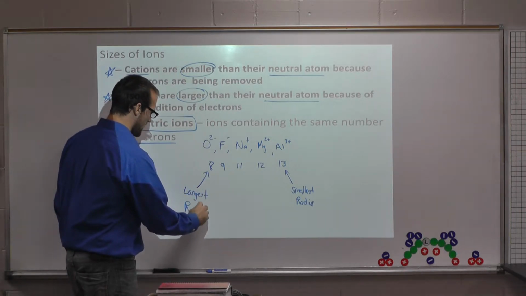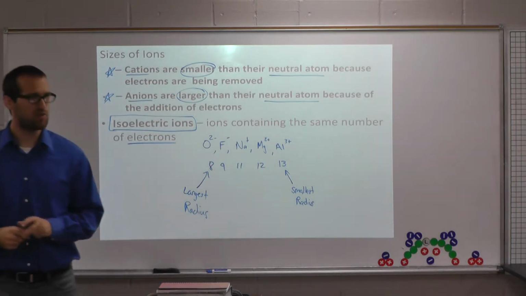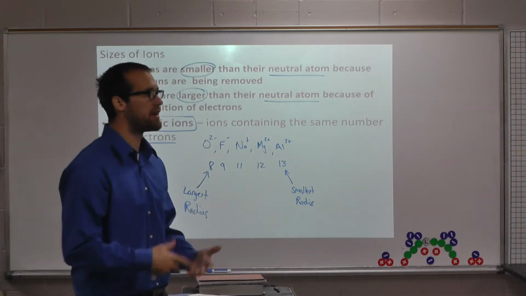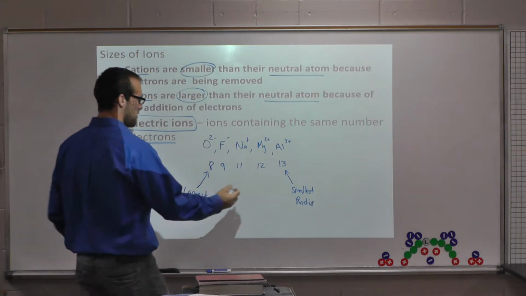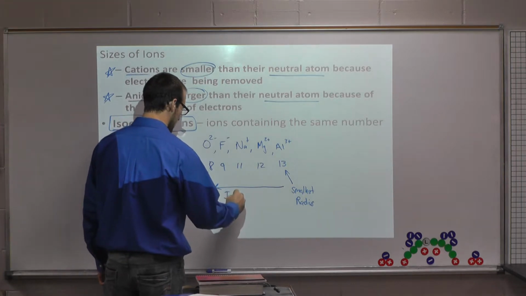Alright, once you have your isoelectronic series in its order, once you know which one's the largest or which one's the smallest, you have your trend, if that makes sense. So what you have is the smallest radius going towards the biggest radius.